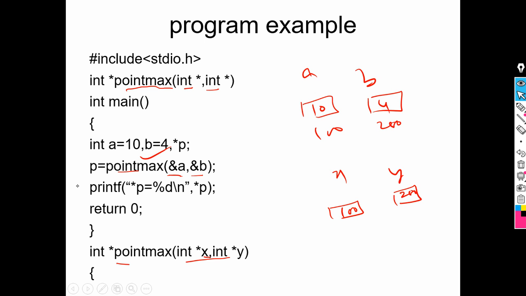When the return type of the function is a pointer, how do you specify it? int asterisk, right? When I just return an integer value, I say just int. But here I am returning the addresses, x and y are the addresses, rather, they are the pointers. So when you are returning pointers or the addresses of memory, it should be int asterisk, the data type followed by the asterisk, right?